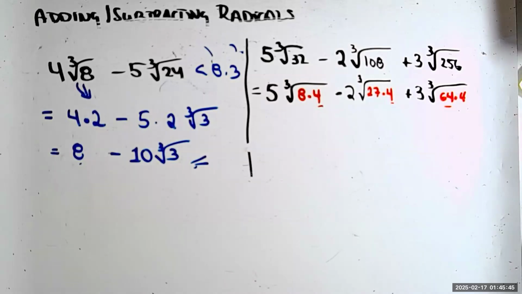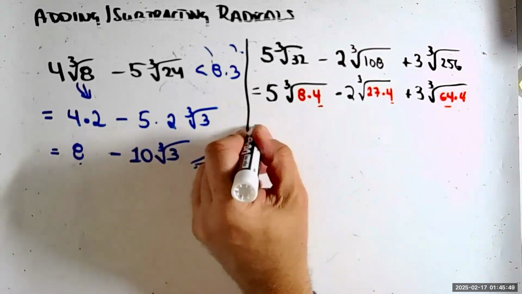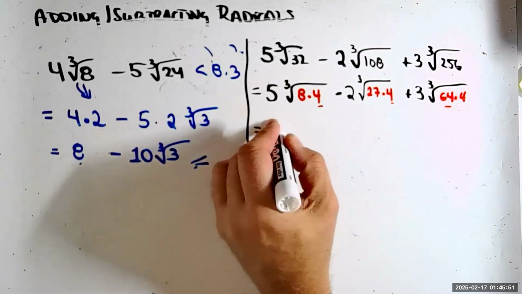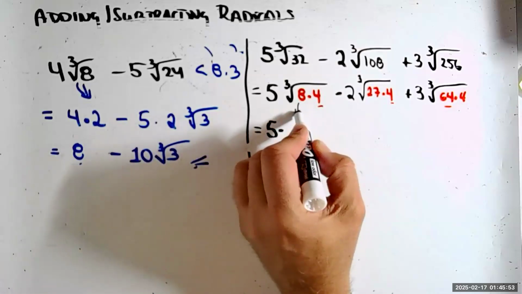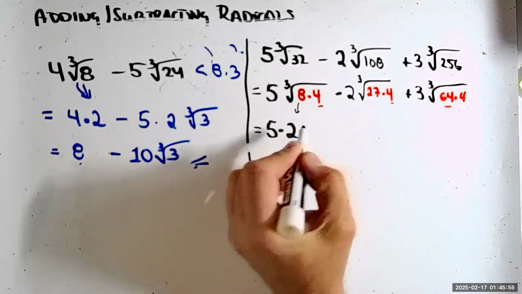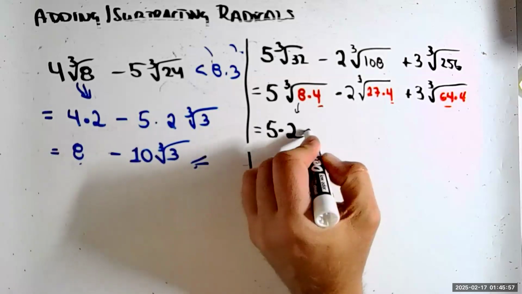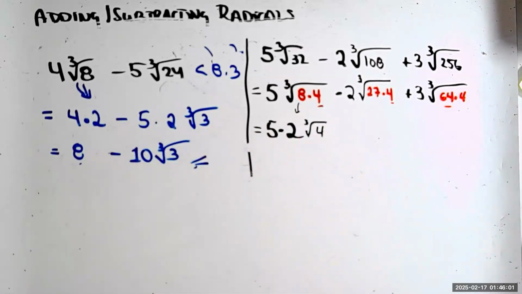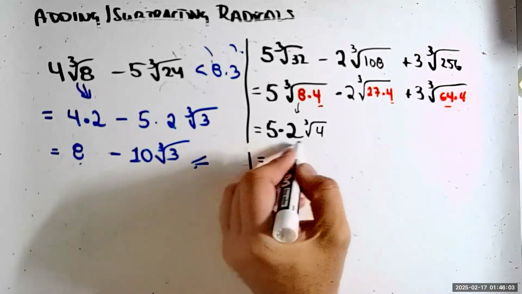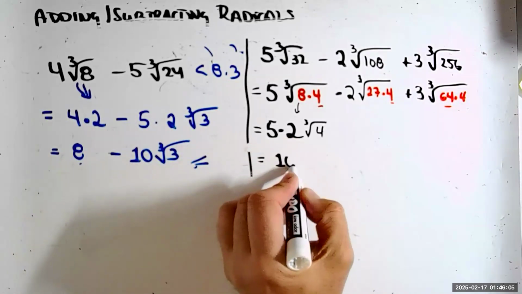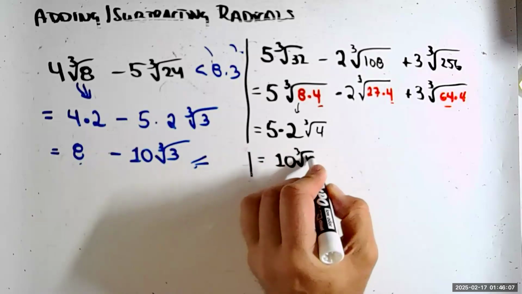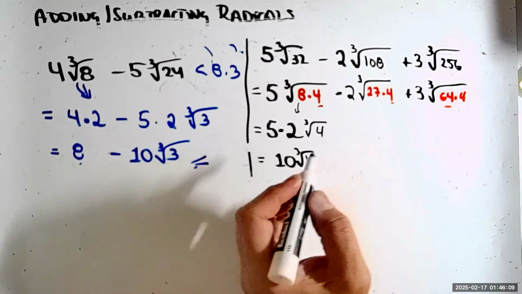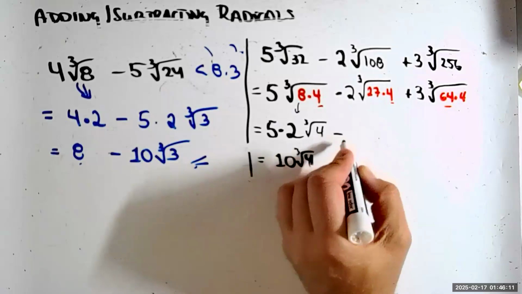Okay, so what do I have? This is equal to 5 times. This guy comes out as 2. The cube root of 8 is 2. And we leave the 4 inside the cube root. And last time we checked, 5 times 2, that would be 10 cube root of 4. And let's repeat the process with the other two.